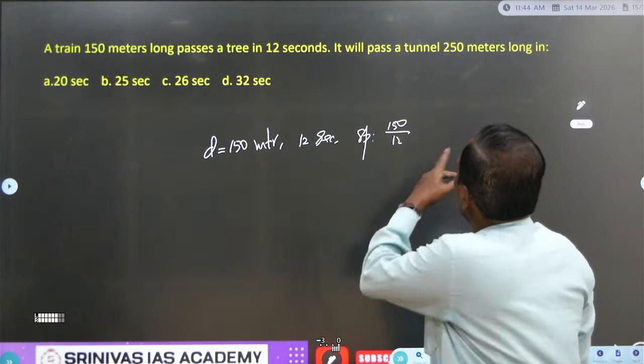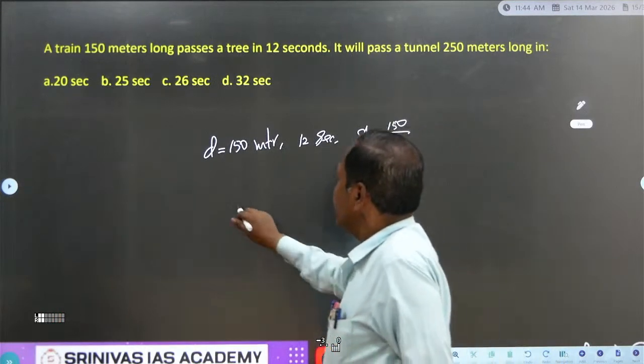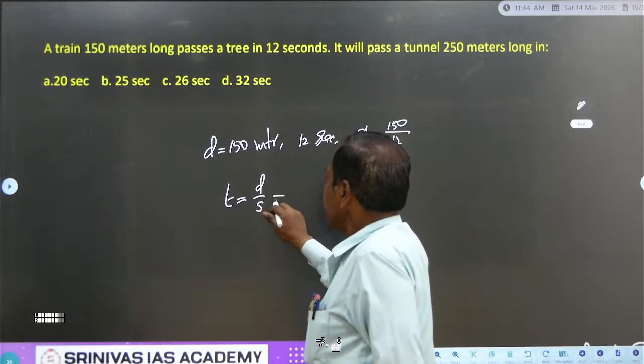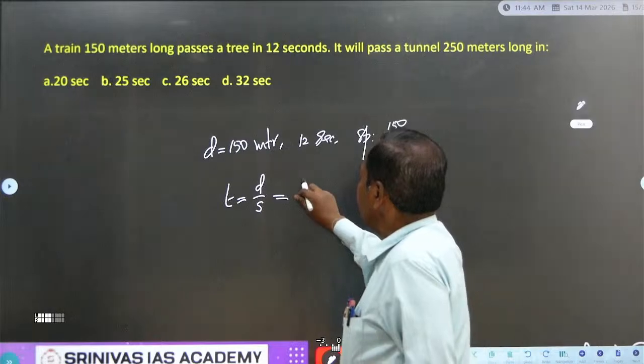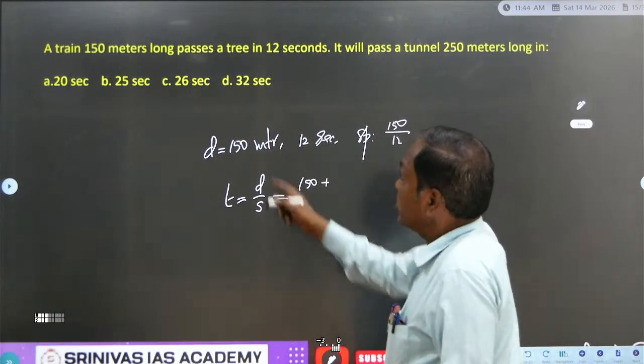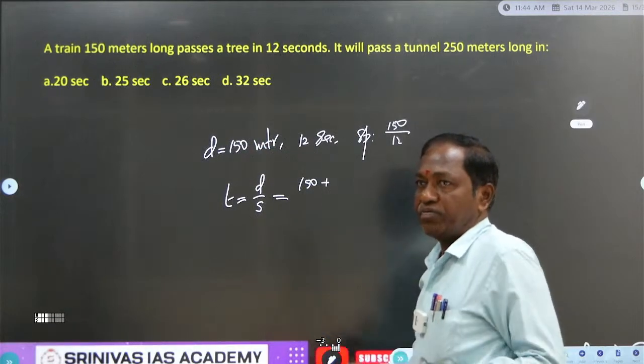It will pass a tunnel in how many seconds? Then time should be known here. Time is distance by speed. The distance is the length of the train, 150, plus the length of the tunnel, 250. Both should be taken because a tunnel is like a platform.